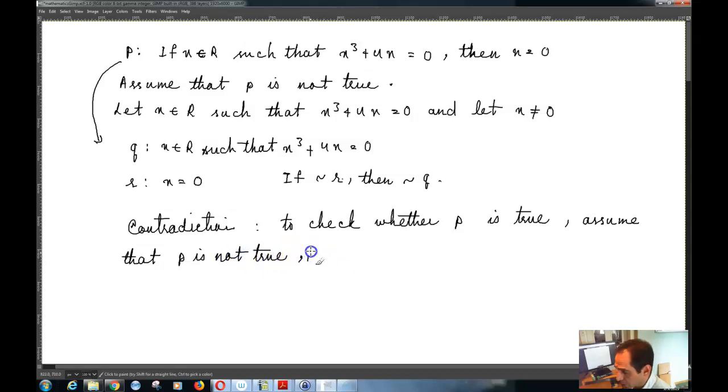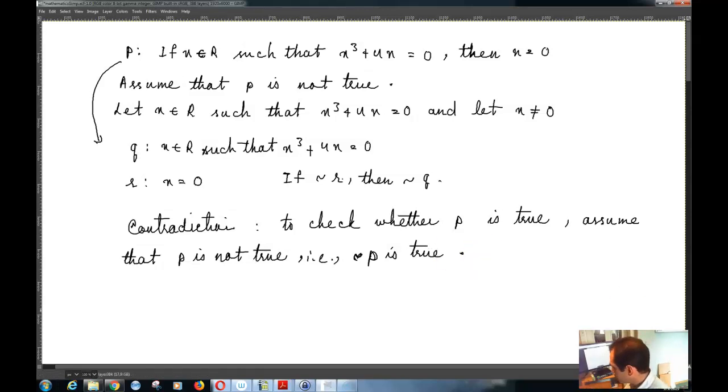That is, not P is true. Now, if you want to assume that not P is true, then you have to do, of course, the opposite of proving P.